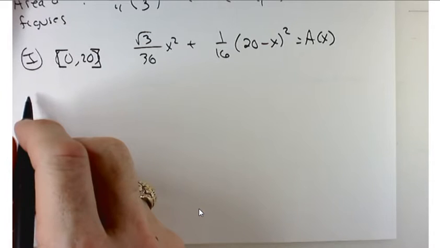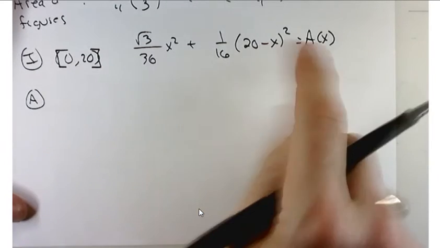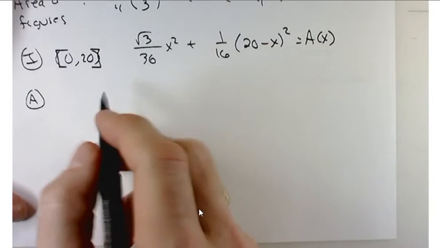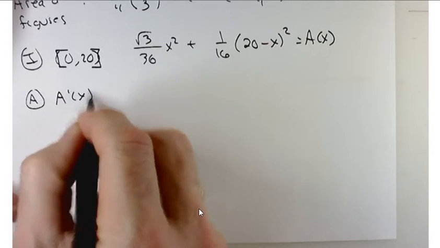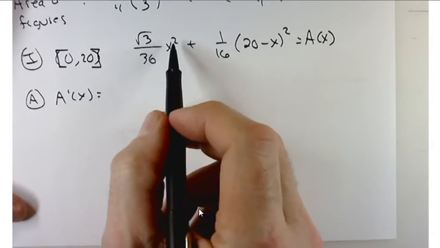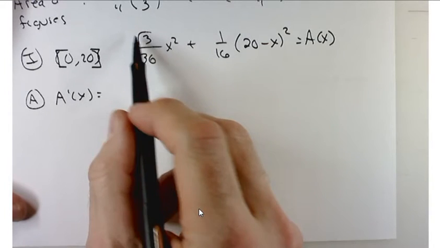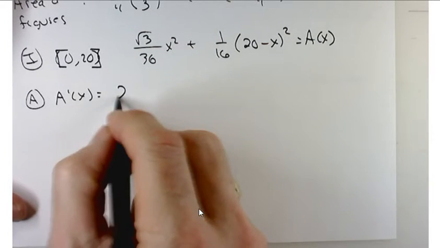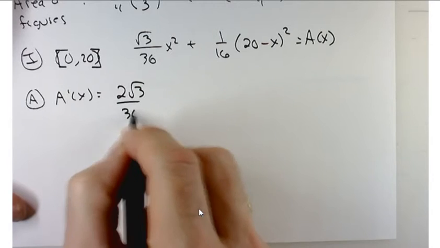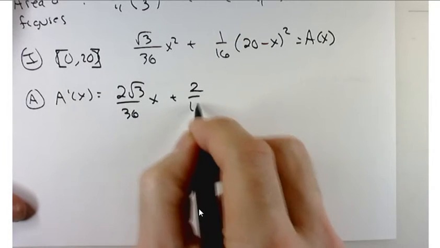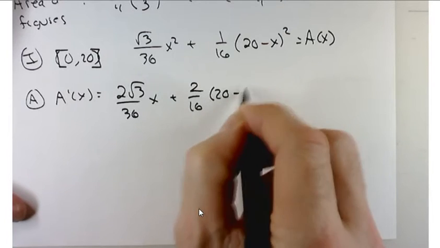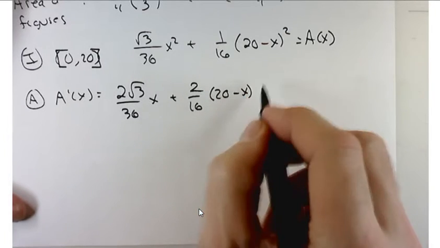As far as the analysis is concerned, I need the derivative of this. So A prime of x. The 2 comes out here. Well, I'll write it down. 2 square roots of 3 over 36 x plus 2 over 16 times 20 minus x to the first power.